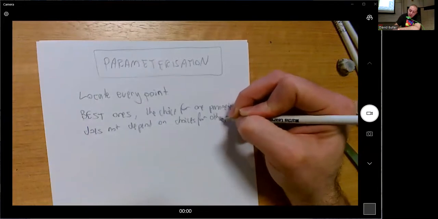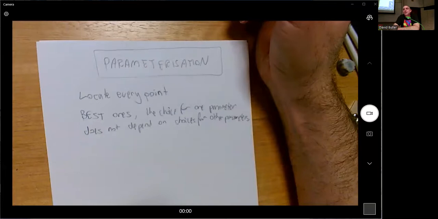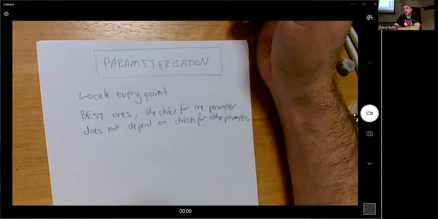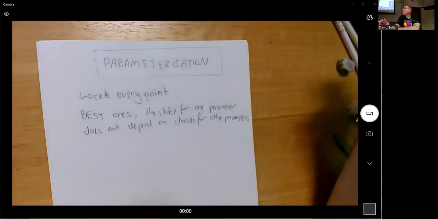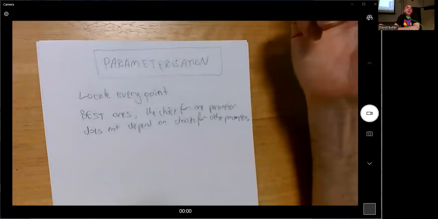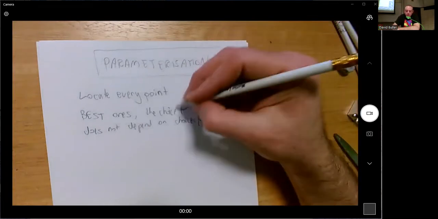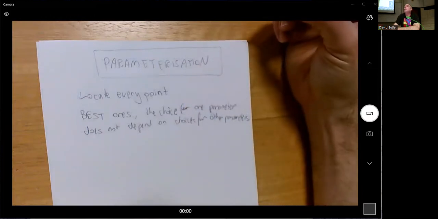The one that we did there was not the best parameterization for the volume inside a pyramid, because the choice for X changed what options were for Y, and the choices for X and Y changed what the options were for Z. But we were able to cope with it and do the integral anyway. But the best parameterizations, the choice for one parameter doesn't change what the choices for the other parameters are. If you're really good, you can do it that way.